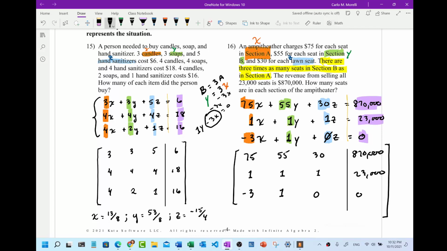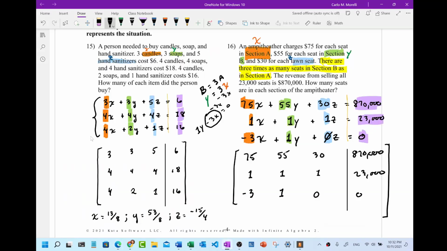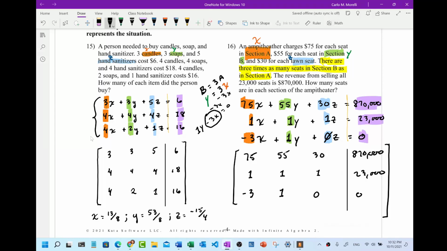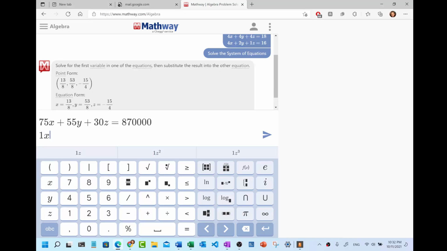Now, if you want to solve, what you're going to do is type those equations back into Mathway. So let's type those equations in. We've got 75x plus 55y plus 30z equals 870,000. Did I remember all that correctly? Yep. And then 1x plus 1y plus 1z equals 23,000.